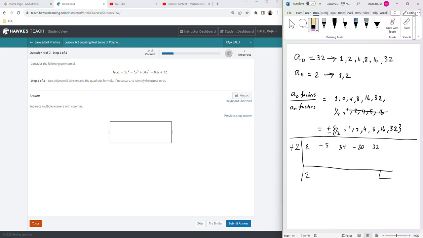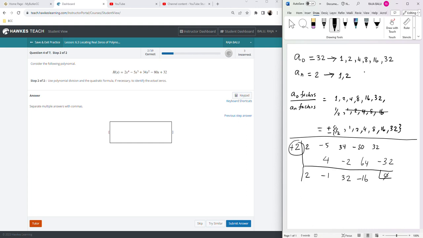There you go. So 2 times 2 is 4, so minus 1. So minus 2 gives me 32, 64. 80 and 64 is a 16, negative 16. So it gives me negative 32. Whoa, that's good.